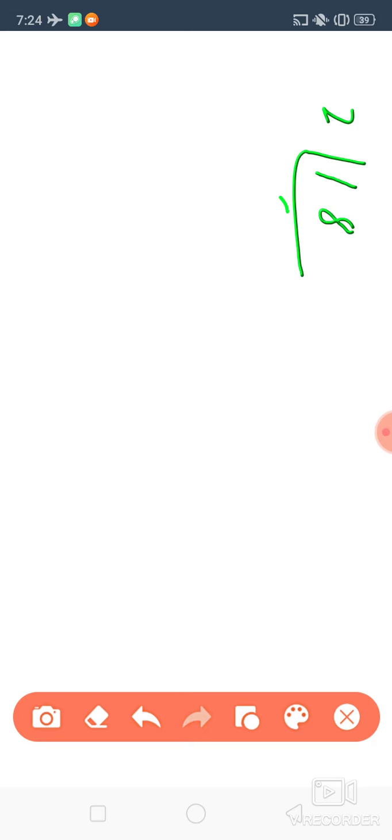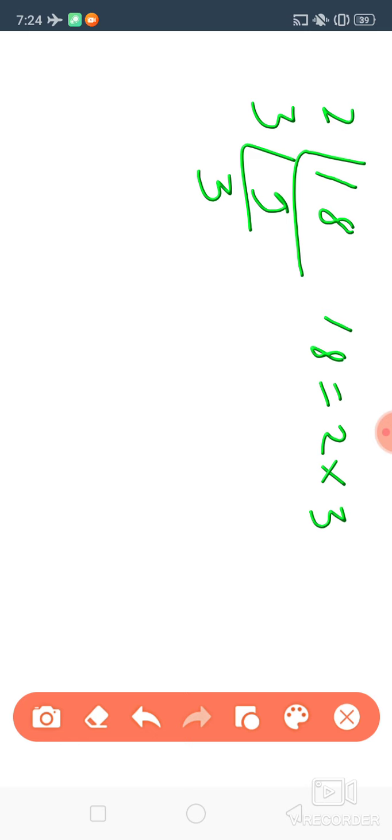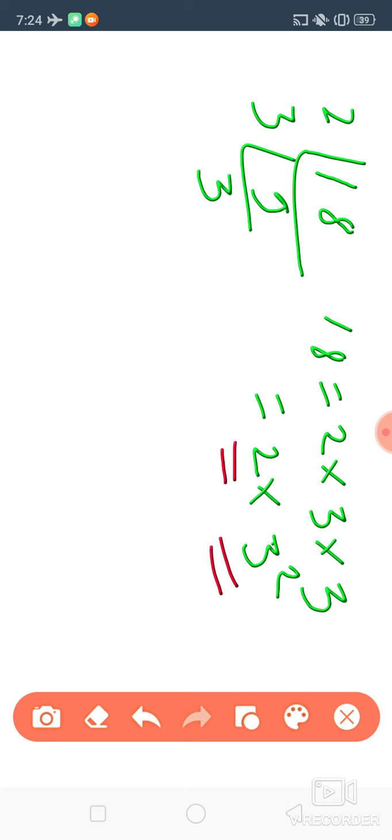2 nines are 18, then 3 threes are 9. So 18 is equal to 2 into 3 into 3, which is 2 into 3 square. Clearly, 3 we are getting in square, but 2 we are not getting in square.